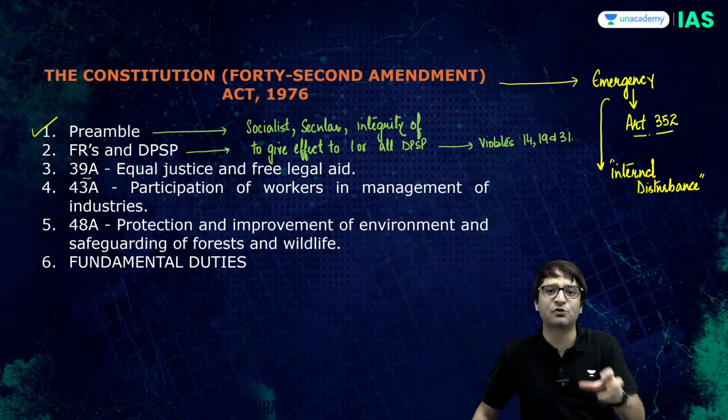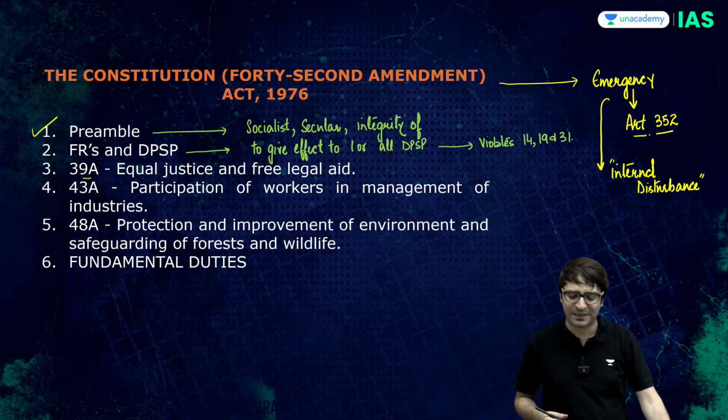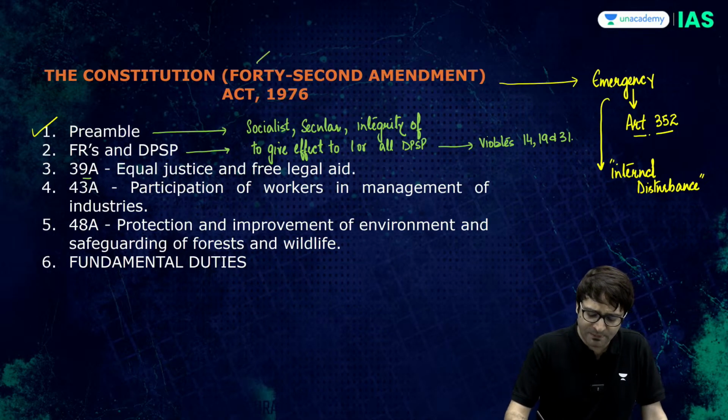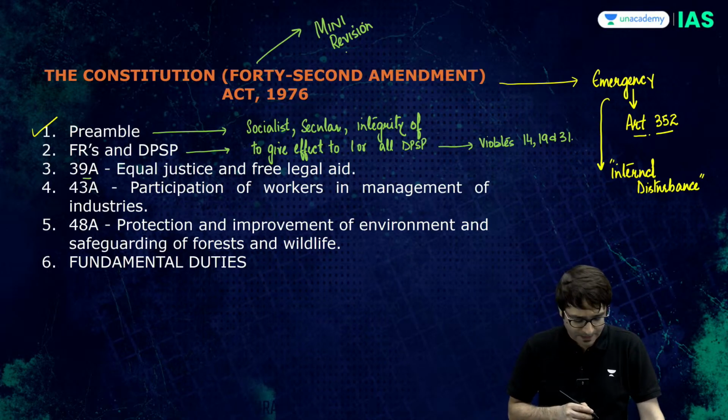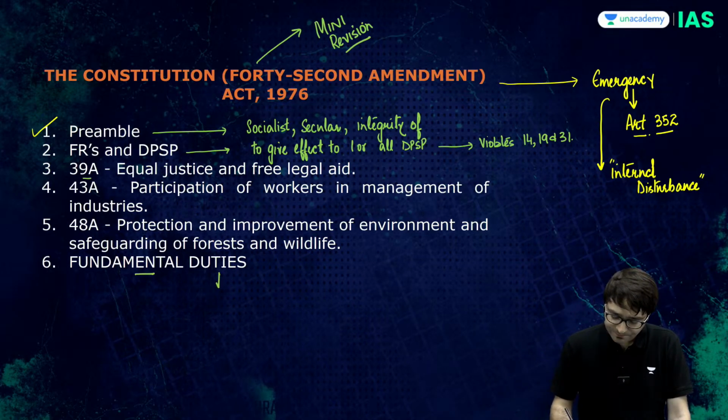This directive principle was also added because of the 42nd Amendment. And it is this 42nd Amendment which is known as the mini revision of the Constitution, or a mini constitution.